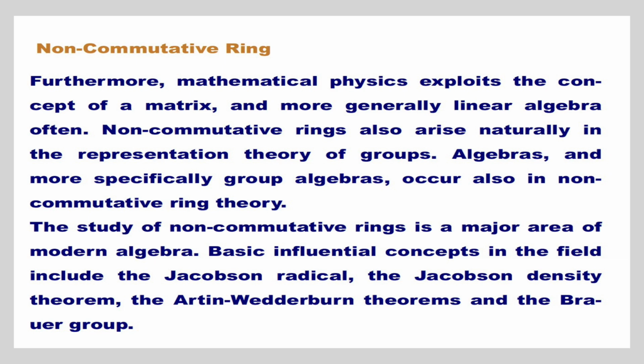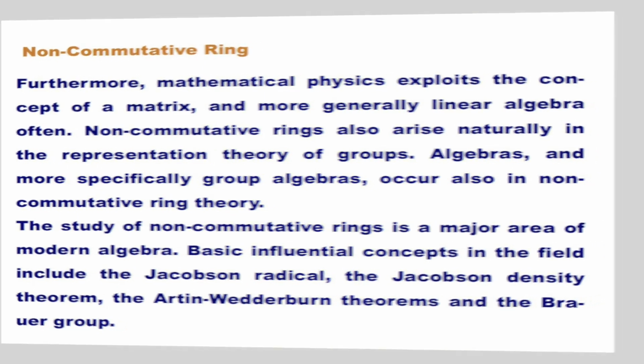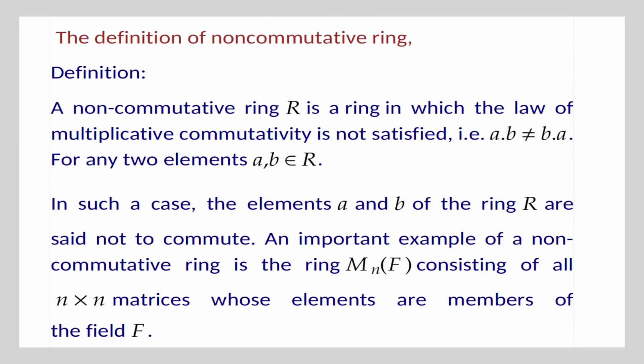The study of non-commutative rings is a major area of modern algebra. Basic influential concepts in the field include the Jacobson radical, the Jacobson density theorem, the Artin-Wedderburn theorems and the Brauer group. Let us see the definition of a non-commutative ring.